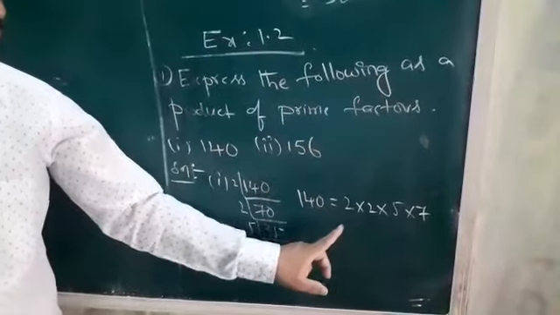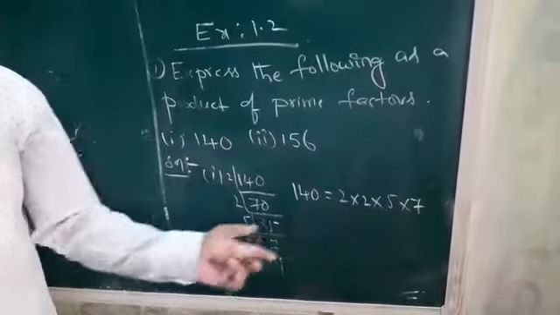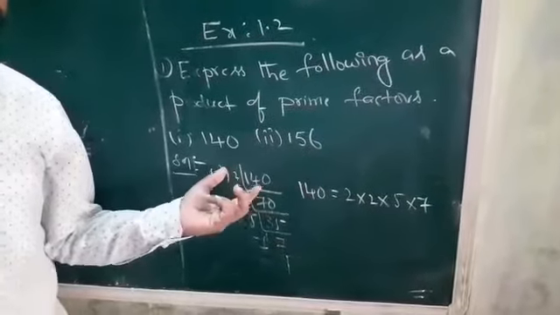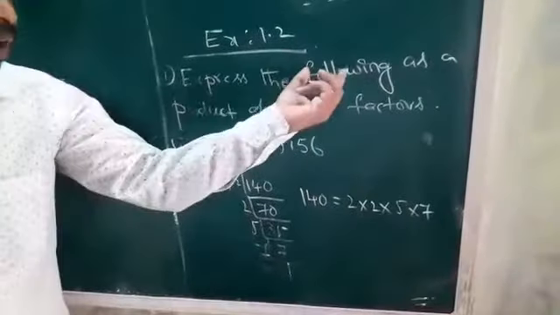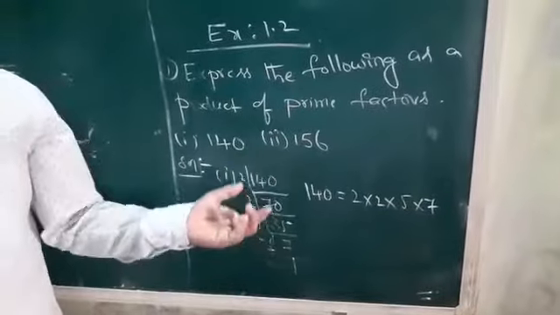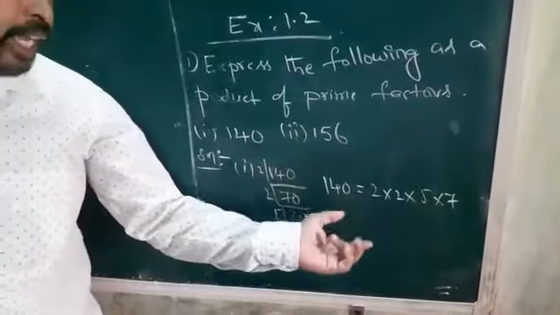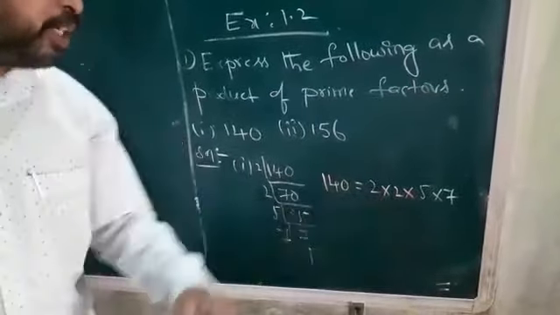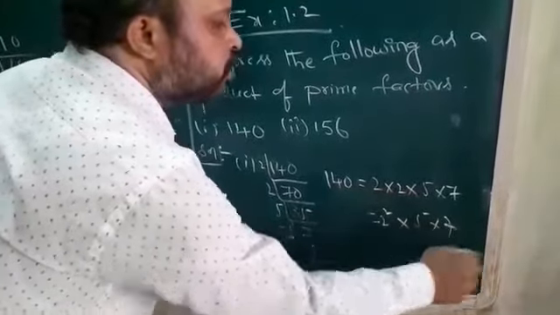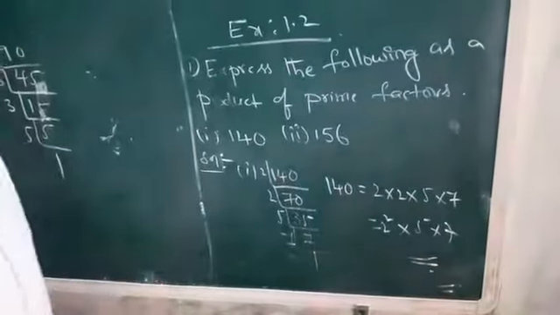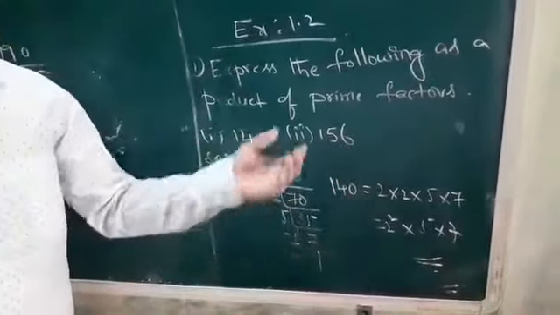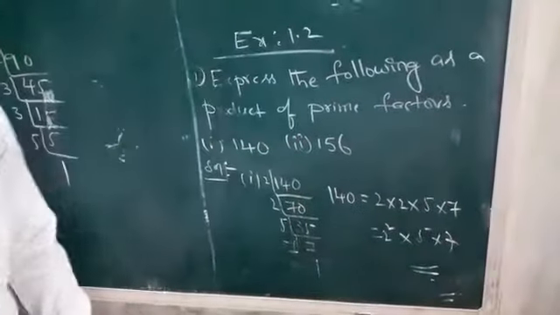This is the product of the prime factors, the solution of the given problem. Same like that, you have to do 156 also. Understood, students?